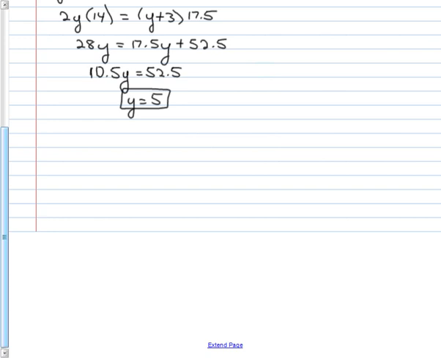Number 7. The ratio of the measures of the sides of a triangle are 2 to 5 to 6. If the length of the longest side is 48, figure out what the perimeter is. All right, so if we know the lengths of the sides are 2 to 5 to 6, and we're trying to find the perimeter, well, we can set up knowing the longest side was supposed to be 48.